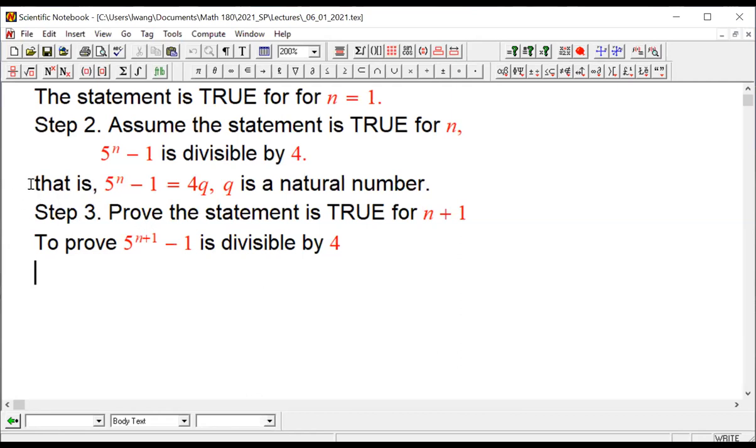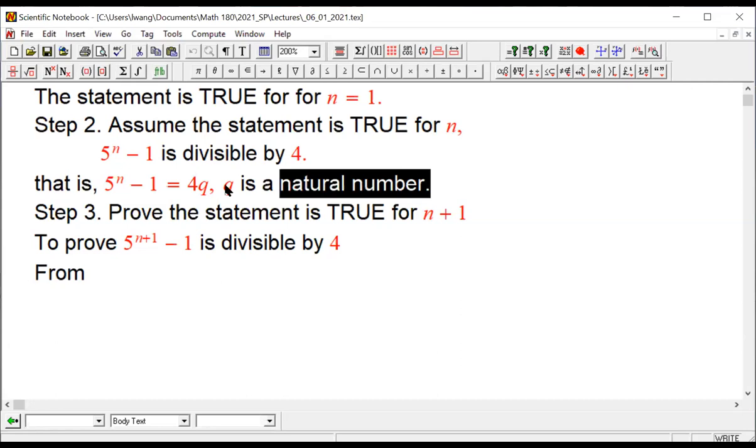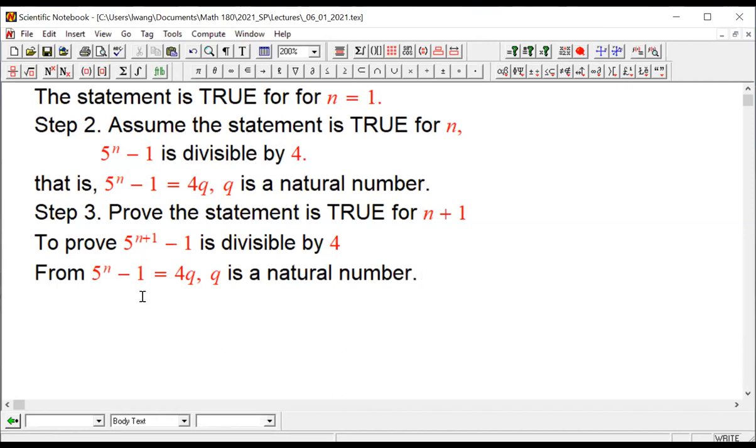Just leave it where it is. From that we know that 5 to the power of n is equal to 4q plus 1.